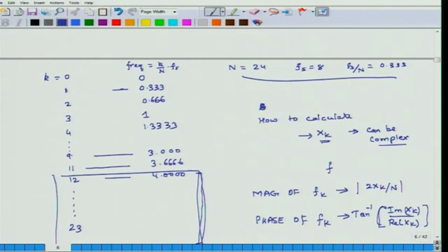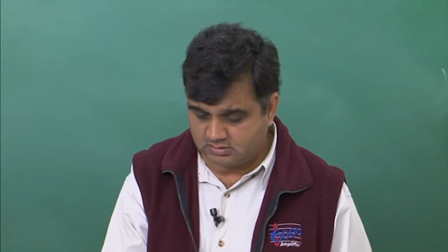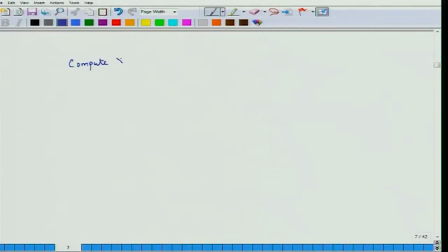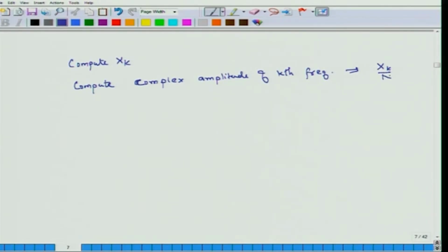So, we will recap. What do you do if you have a set of data points? Compute Xk, right? Then compute complex amplitude of kth frequency, and this is Xk divided by N times 2.